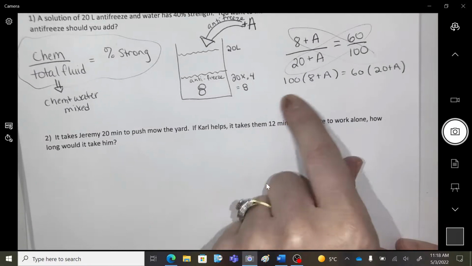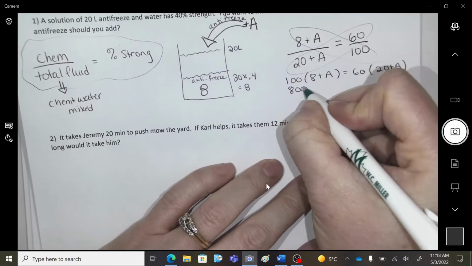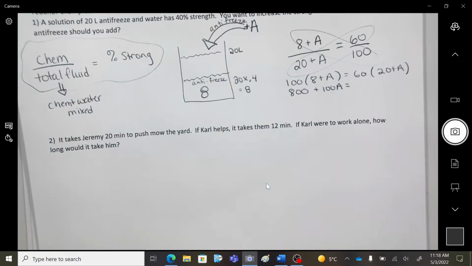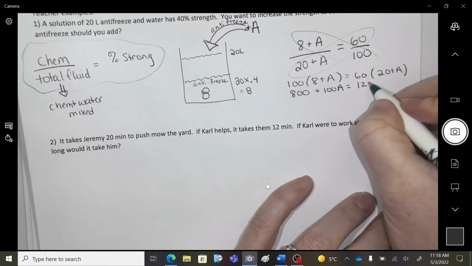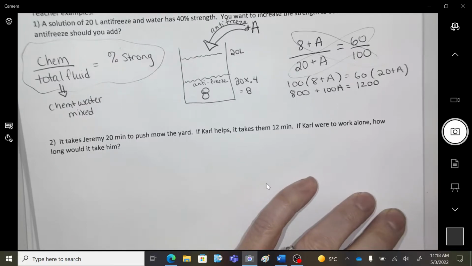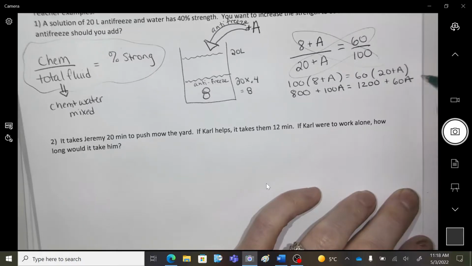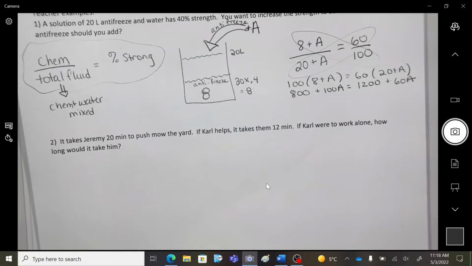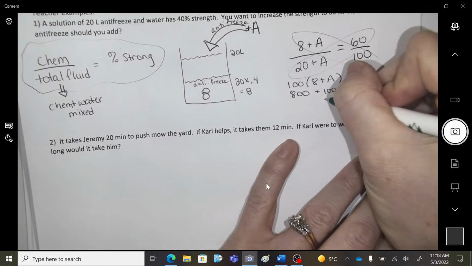Okay, I'm going to expand the multiplication. So 100 times 8 is 800 plus 100a equals 120. Nope. That's 1200. Gotta put 2 zeros on that. Plus 60a. I'm going to isolate the a's, so I'm going to minus 60a.